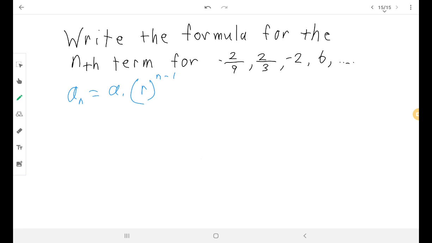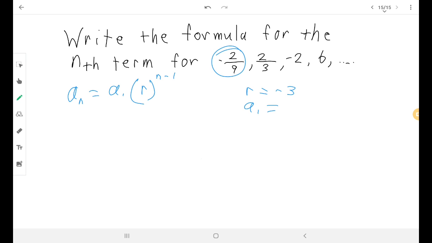Well, let's look at the easiest thing, how to get from one to the next one. And for me, I'd look at these two as the easiest, okay? To go from -2 to 6, that common ratio, -2 times what equals 6? Well, -3, right? And what's our first term?